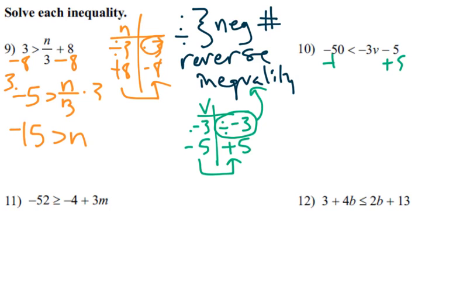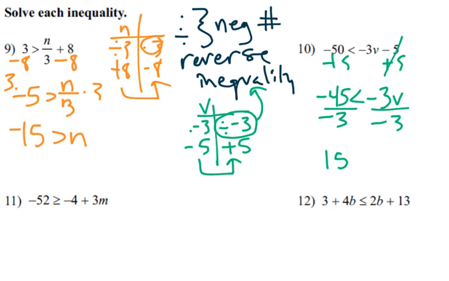So we start out by adding 5 to both sides. Those cancel. Negative 3v is greater than negative 50 plus 5 is negative 45. Then divide by that negative 3, so we get a positive 15. That cancels, we get a v, but instead of less than, we change that to greater than. That's where we make the difference.